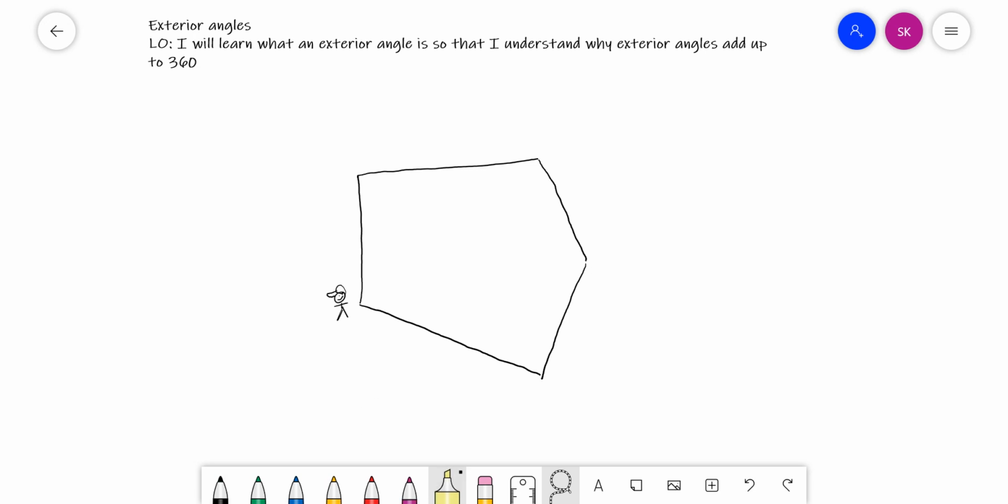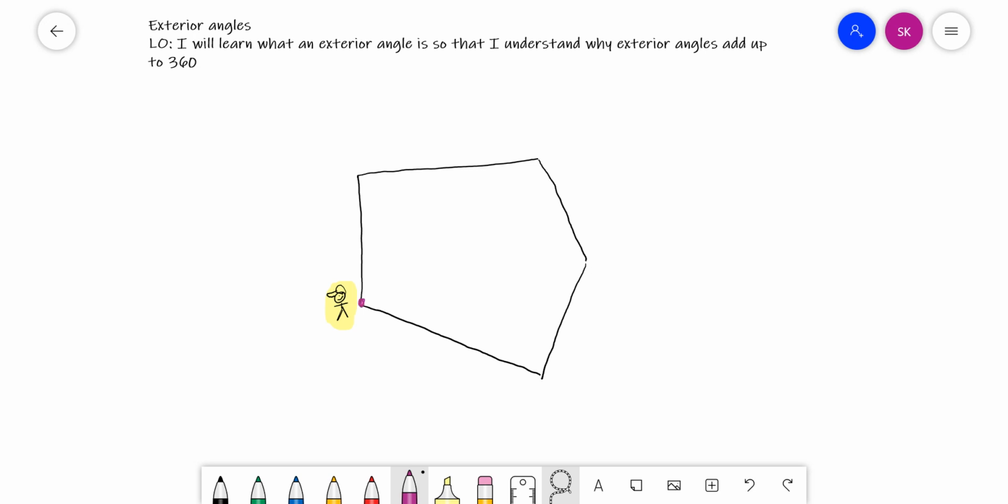Now Caden's doing a bit of gardening. And what Caden has to do is he needs to first of all figure out, he needs to change his fence around the outside of the garden. And he needs to figure out the distance around his fence. So what he does is he goes on a walk on the outside. What we're going to look at is not the perimeter of the garden, it is the direction that Caden is facing in.